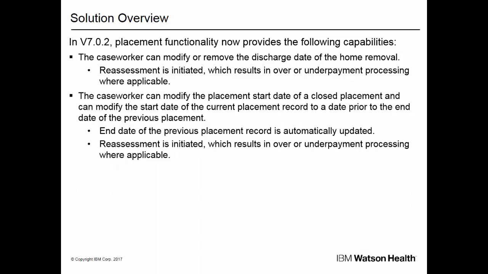The caseworker can modify the placement start date of a closed placement and can modify the start date of the current placement record to a date prior to the end date of the previous placement. In this scenario, the end date of the previous placement record is automatically updated, and reassessment is initiated, which results in over- or underpayment processing where applicable.